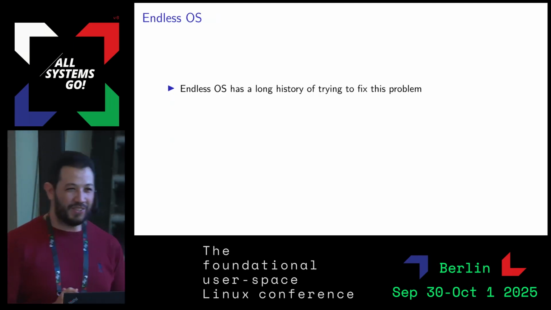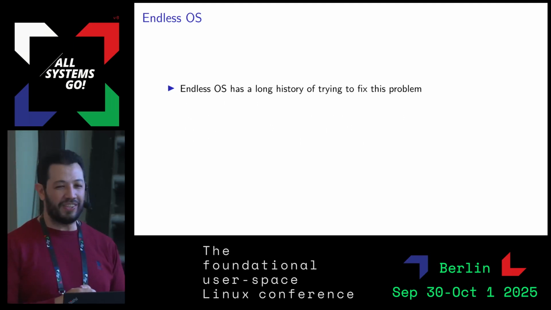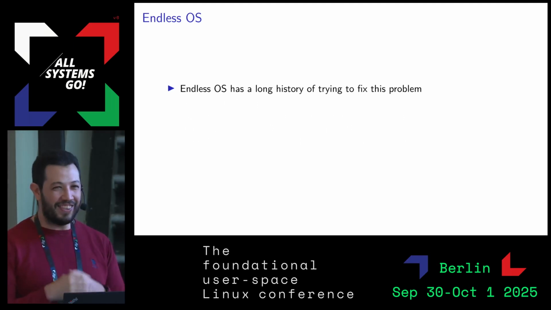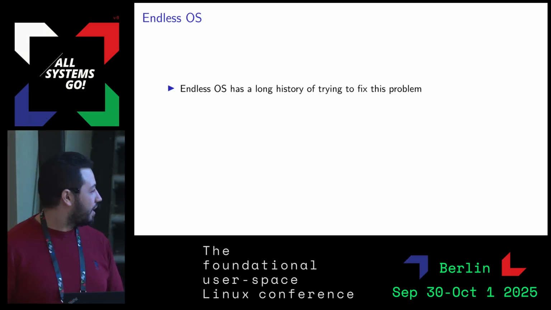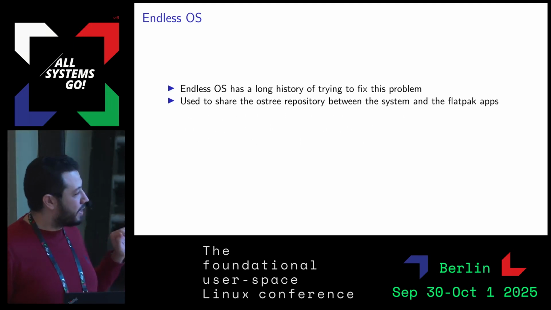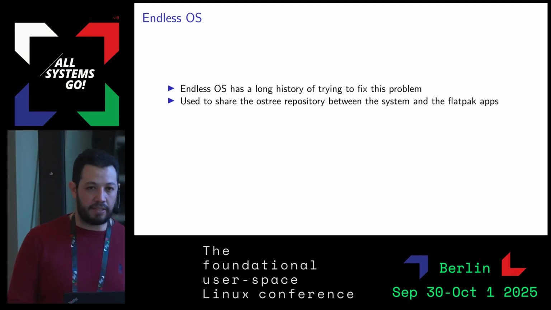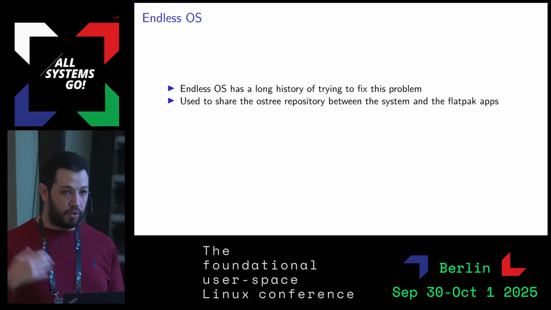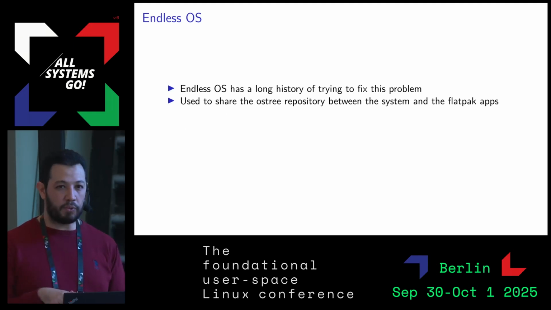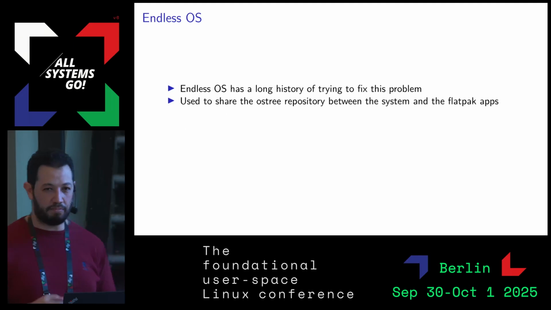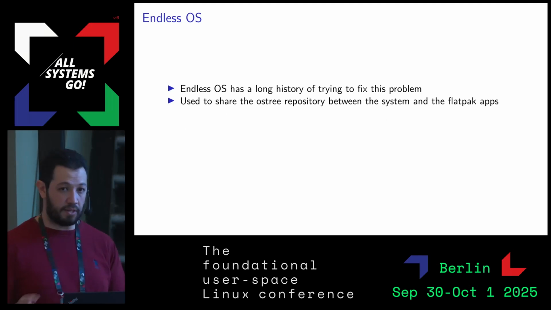Another one is Endless OS, and they have a long history of trying to fix this in multiple ways. I haven't dug too much into the history, but at first, so it's an OSTree-based system. At first, before Flathub even existed, they had tried to use the same repository for the Flatpak apps and the system to try to share things, so to save space, because they used their own system as the runtime.